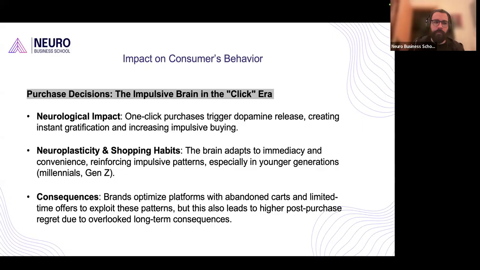Imagine that you can go to the past, to the internet of the early 2000s, for example. At that moment it was so difficult to make a really quick purchase on e-commerce sites.